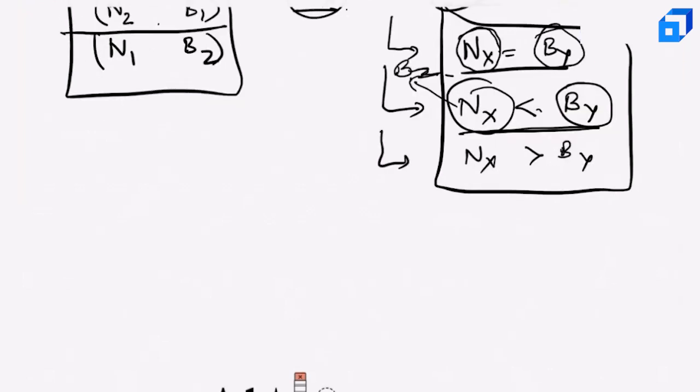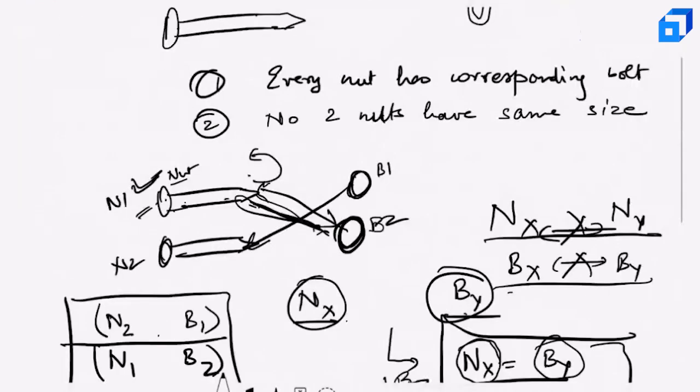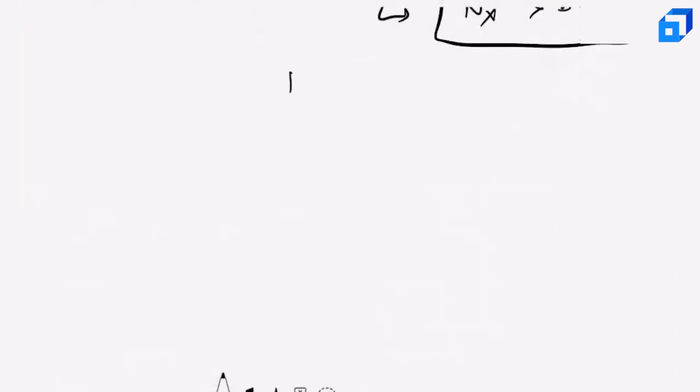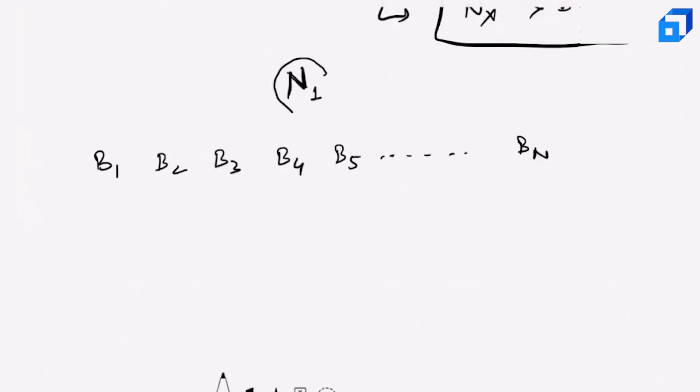So if I pick any random nut, let's say you're given n different nuts, let's say I pick some random nut. Let's call that nut N1, right? What I can do is now I have a bunch of bolts. I have B1, B2, B3, B4, B5 till Bn. I can compare each of those bolts with this N1.